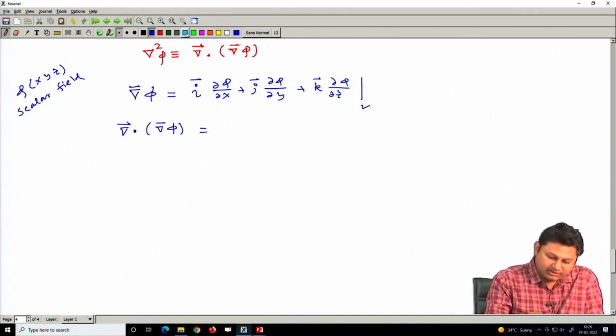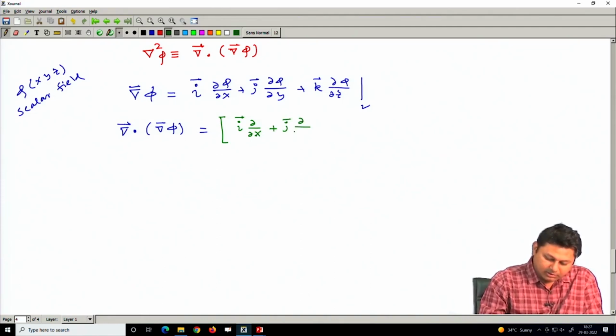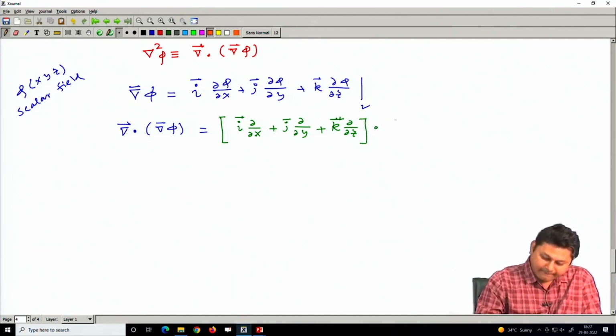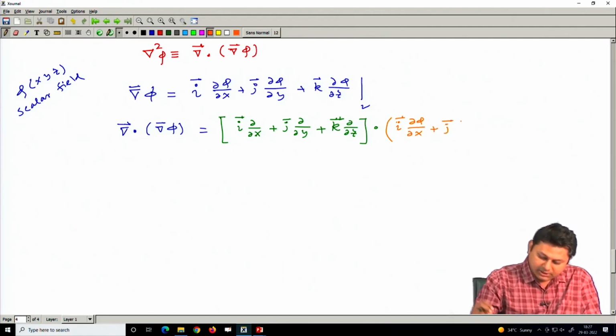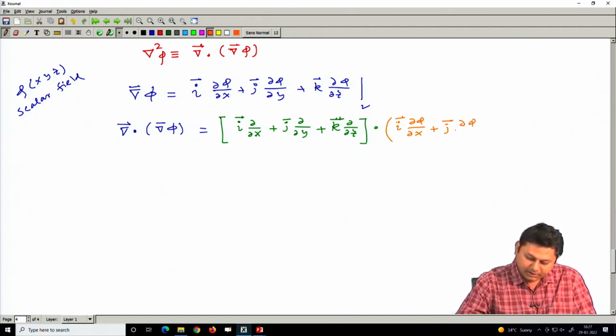I know the recipe for divergence: I del x plus j del y plus k del z, and then dot with the rest, which is i del phi del x plus j del phi del y plus k del phi del z.